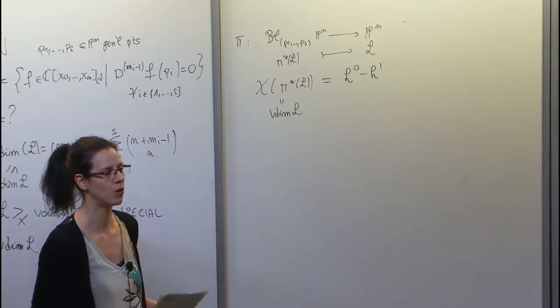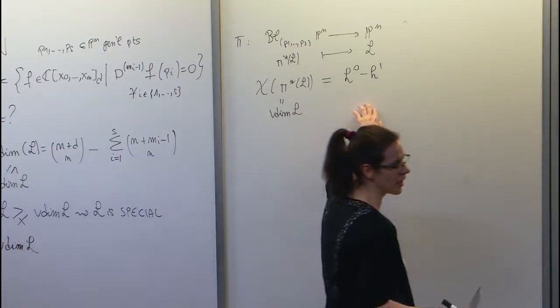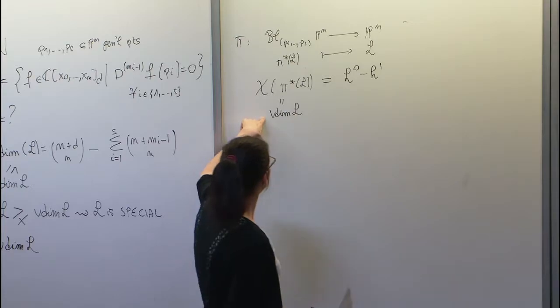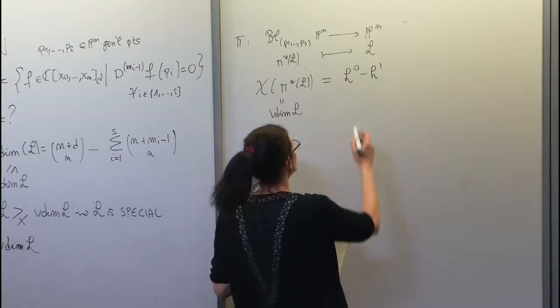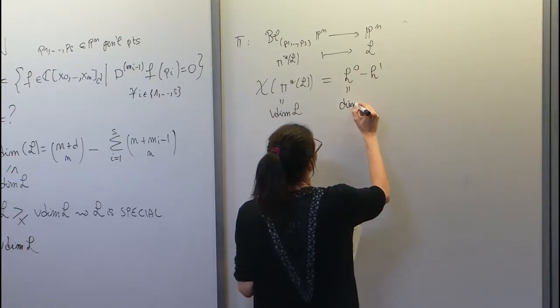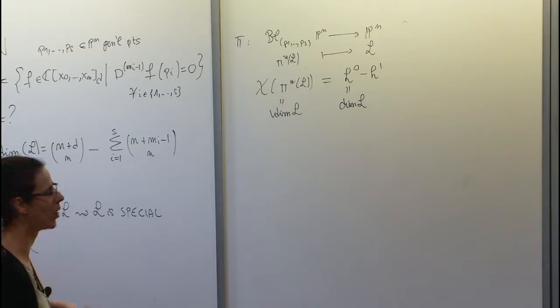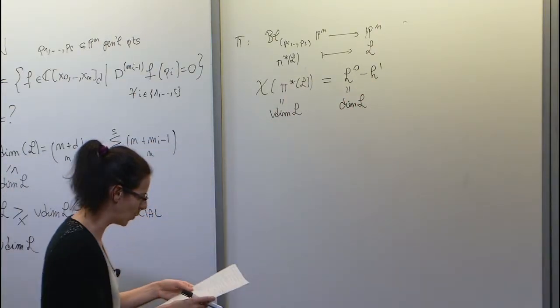All the higher cohomology vanish for free. So just please accept it. That's not difficult to prove. So the virtual dimension is the difference between the H0 and the H1. But what is the H0? Well, that's just the dimension of this linear system seen as vector space, as cohomology. Yeah, so the speciality is H1. That's why I call it like this.